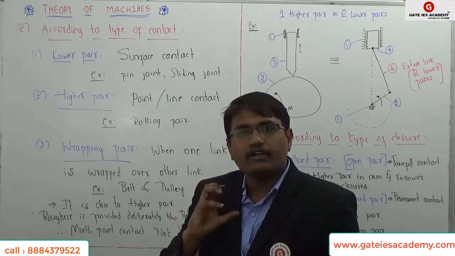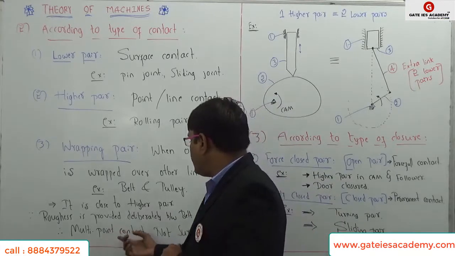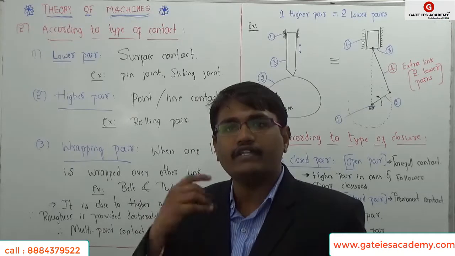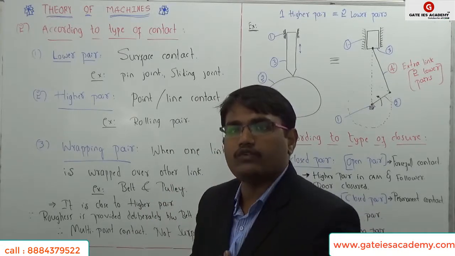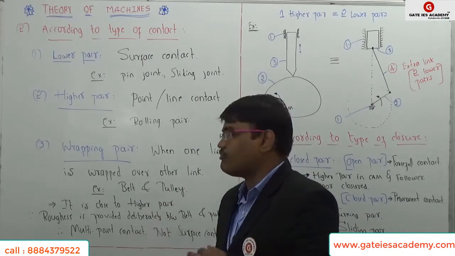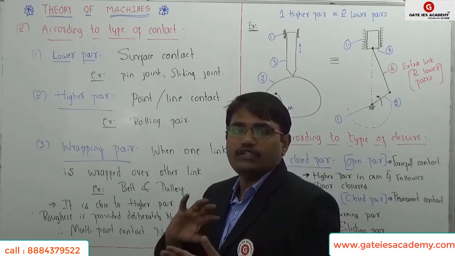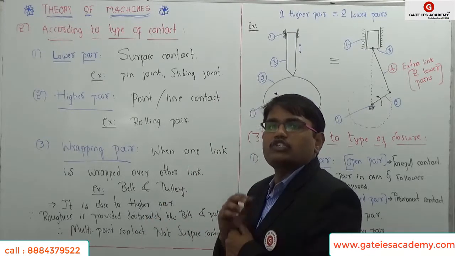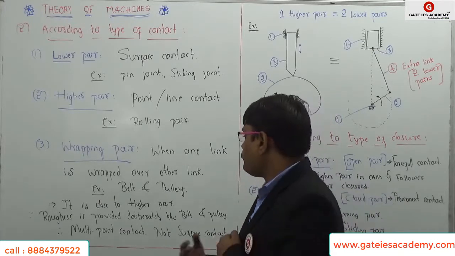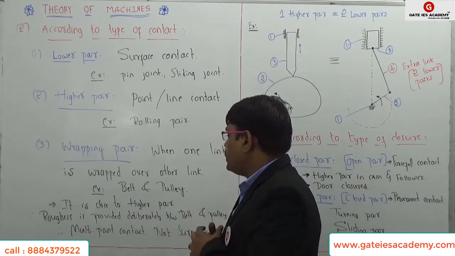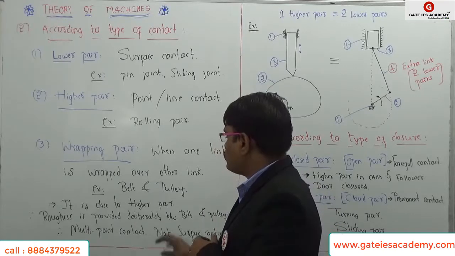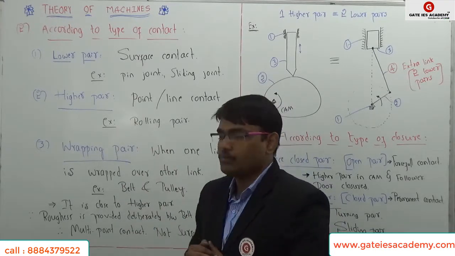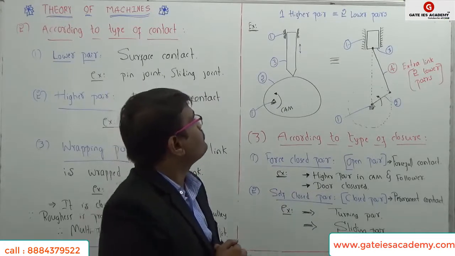Because of that roughness, there will be a multi-point contact and not a surface contact. We don't want the belt to slide over the pulley, correct? Because of power transmission. So there will be a multi-point contact. It is close to a higher pair only.